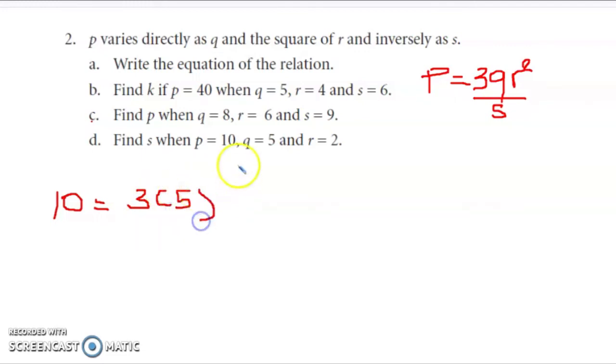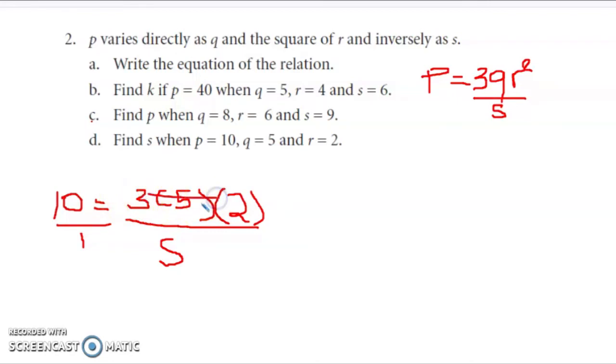And R is 2, all over S. So we can now cross multiply, or let us simplify this first. 3 times 5 would be easy. 3 times 5 is 15, times 2 is 30.